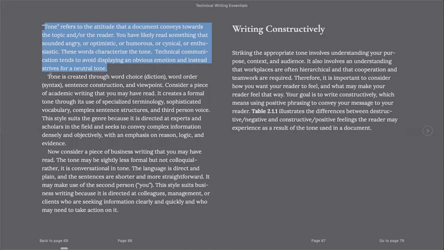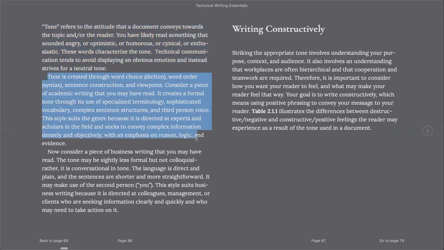The word choices would be considered as diction. Any word that you select, check the dictionary and see if that word is serving a good purpose. Does that mean exactly what you have in mind and what you want to say? The word order is the syntax, the sentence construction, and the viewpoint will also create a better and more formal tone.